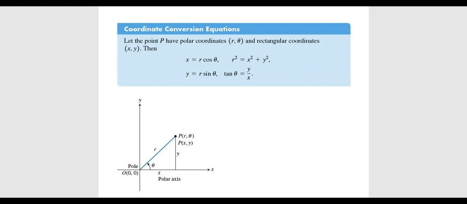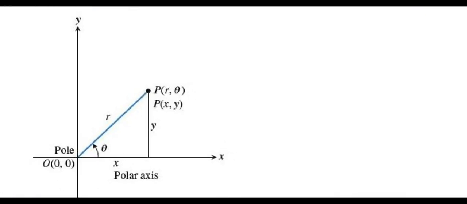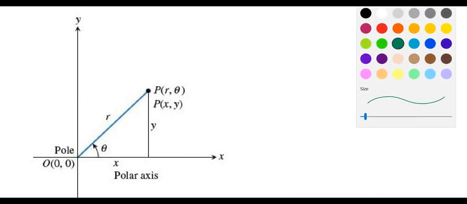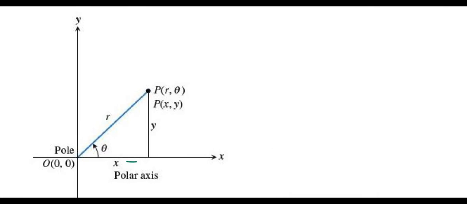Because if you take a look at this particular scenario, x is equal to r cosine theta. That's just adjacent over hypotenuse kind of stuff. And y is equal to r sine theta. Also basic, just SOHCAHTOA stuff.